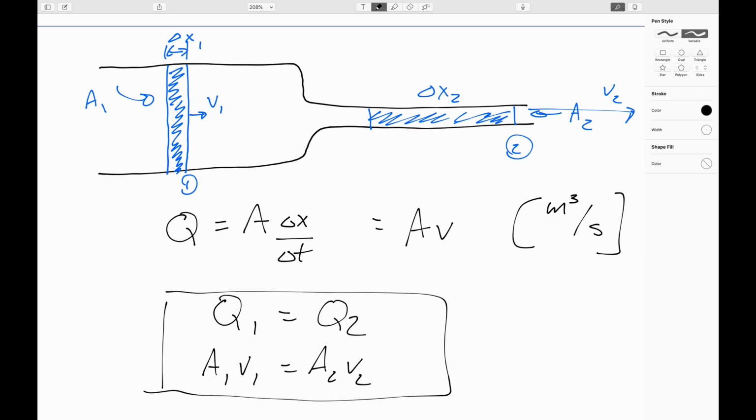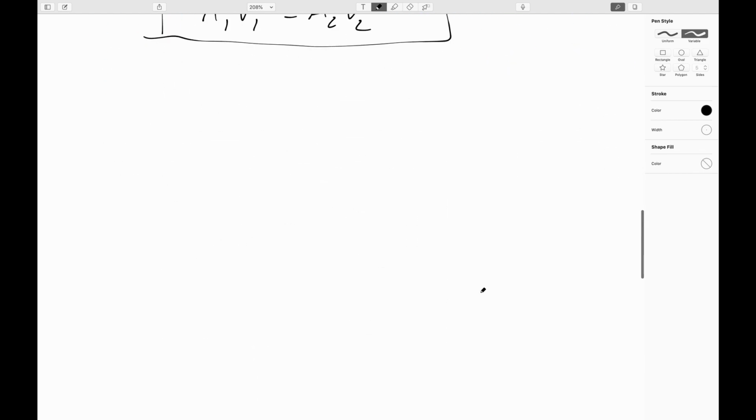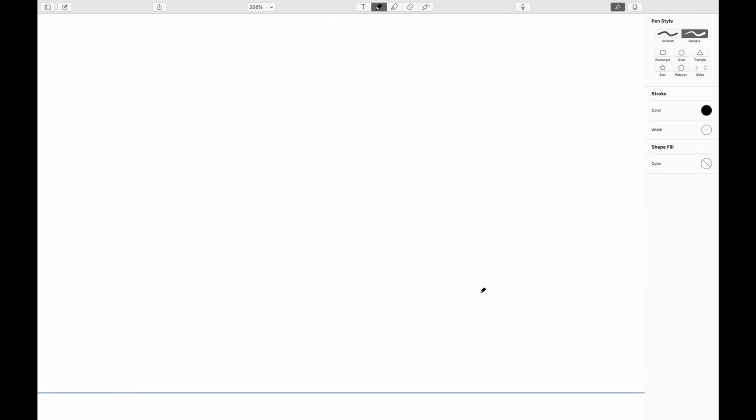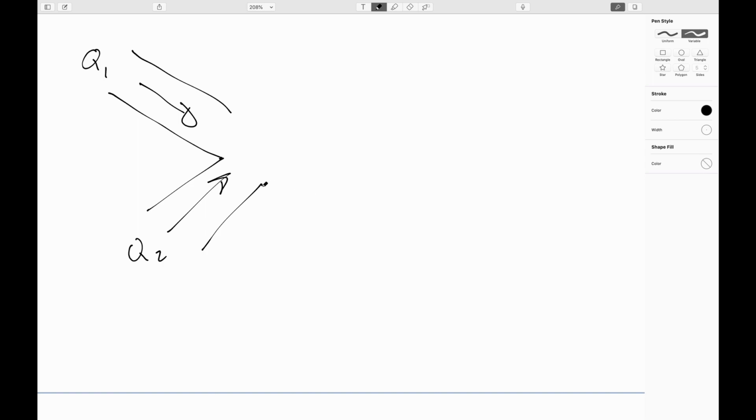So you might also ask yourself, well, great, what if I have branches? Like I could imagine a river that has branches or something like that. Well, in general, if we have some sort of a junction of fluid flows, we'll call this Q1, let's say it's flowing into the junction. Fluid is flowing into the junction over here. That would be Q2. Let's say it's flowing into the junction over here. We'll say that's Q3.